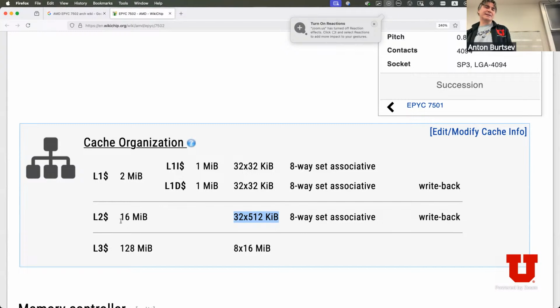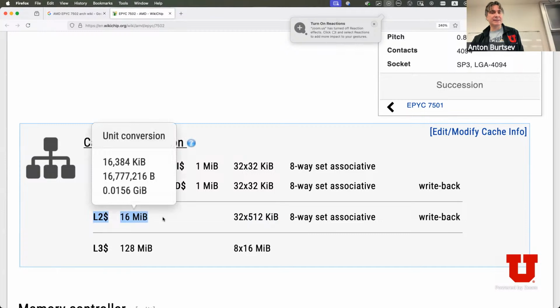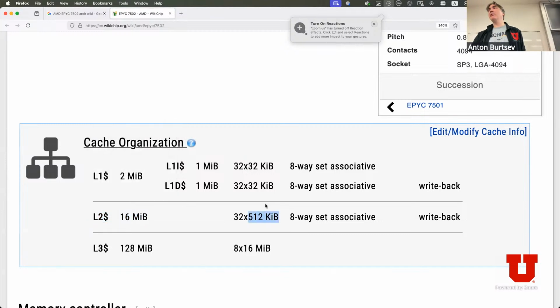So the total is 16 megabytes, right? But if you're accessing the hash table from a single core, then this core accesses the entire address space, because you're running a hash table in parallel on all the cores, but they all access keys randomly, right? So probably it will not fit in the half megabyte of L2, right?